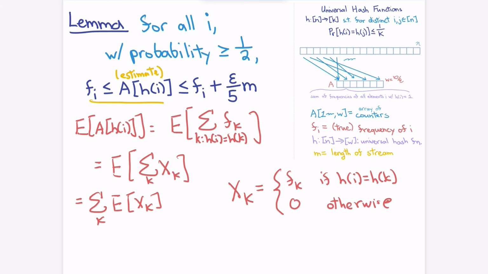So that's not too bad. You always have an f_i term, and now we're just interested in the remaining elements that are not equal to i, and we want to figure out the expected value of x_k. You have another element, and if it collides, you add f_k. If not, so what is the expected value of x_k when k is not the same as i?